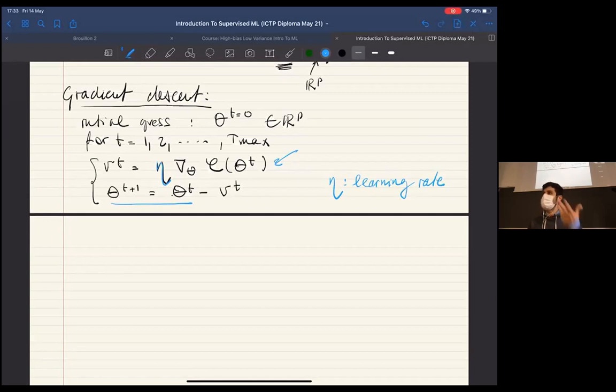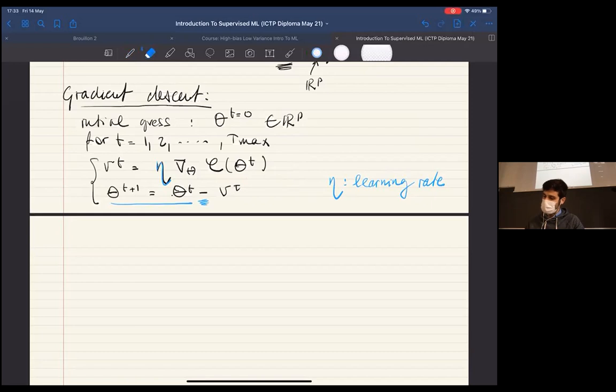While if eta is large, there is a minus here, which means that you will go in the opposite direction of the gradient by a large increment. You are doing bigger steps when the learning rate is large. Okay?